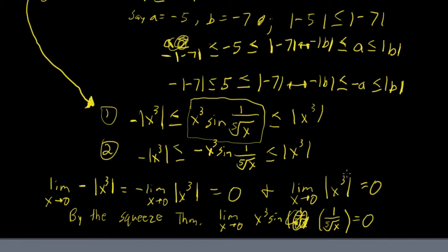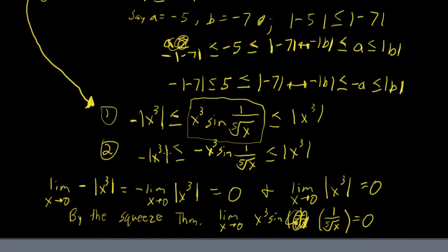And notice here we didn't have to evaluate the left and right limits separately, and that's because for these outside functions we had absolute values on them. So regardless of whether x was positive or negative, and that means whether or not we were approaching 0 from the right or left, when you cube and you take the absolute value of that result, you will get the same answer when dealing with a quantity or its additive inverse.